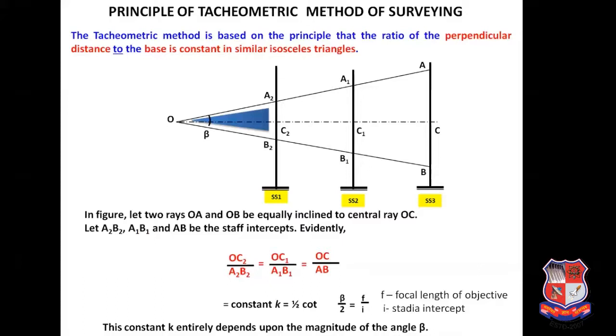The constant K entirely depends upon the magnitude of the angle beta. You can see here the angle beta is the vertical angle between the upper ray OA and the lower ray OB. So this is the principle of tachyometric surveying. Once again I am repeating, perpendicular distance to the base is constant in similar isosceles triangles.